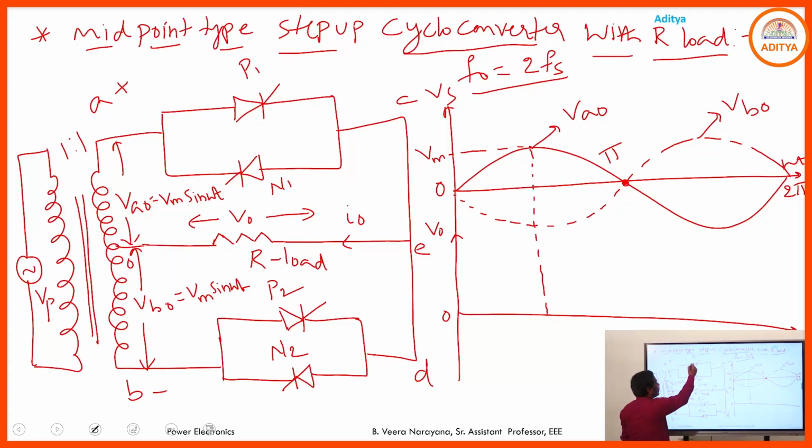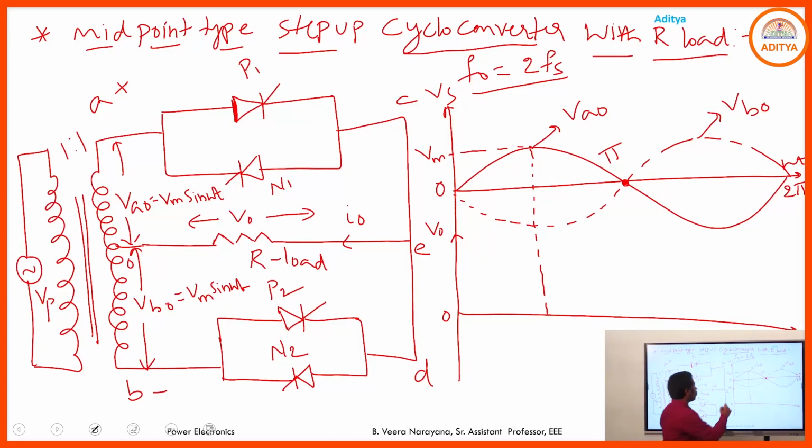Why? Because see here, P1 anode is connected to the positive terminal, forward bias. N1 cathode is connected to the positive terminal, reverse bias. P2 anode is connected to the negative terminal, reverse bias. N2 cathode is connected to the negative terminal, forward bias.